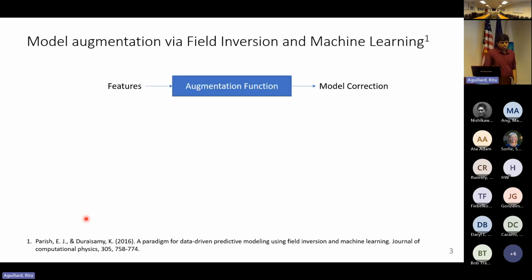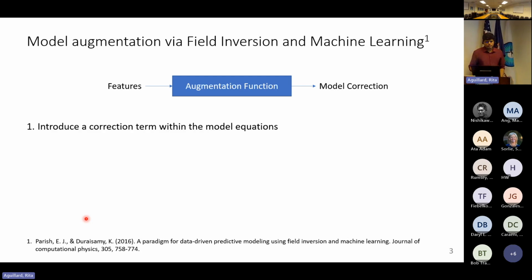All right, so what we started with was the field inversion machine learning framework. Essentially, the first step in this framework for model augmentation is to introduce a correction term within the model equations. So you introduce some kind of function within the model equations. This function will be the augmentation function. It'll take as inputs what we call features. These are flow quantities which are known to the model.